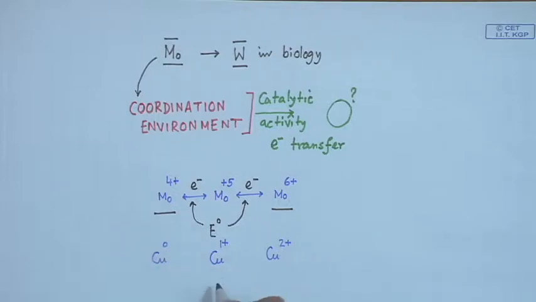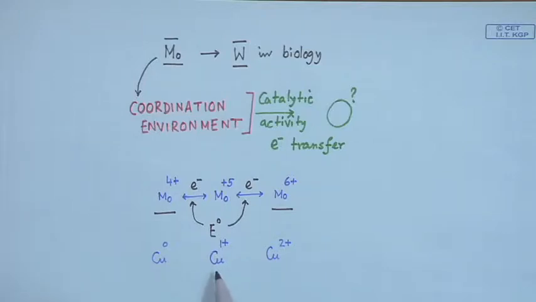So, it is well known from basic chemical knowledge that if you do not have groups which are well suited, that means a little bit soft, because the copper 1 center is comparatively soft compared to the copper 2 center which is hard, then you do not get the copper 1 center in the stabilized form.